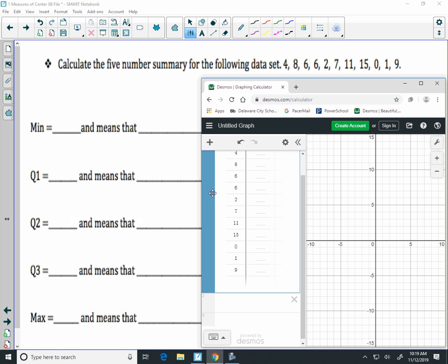You can do the minimum and maximum without even entering this into Desmos. So our smallest number is 0, and our biggest is 15.